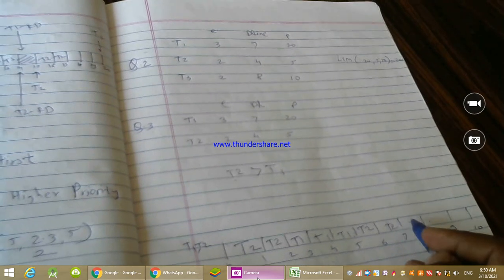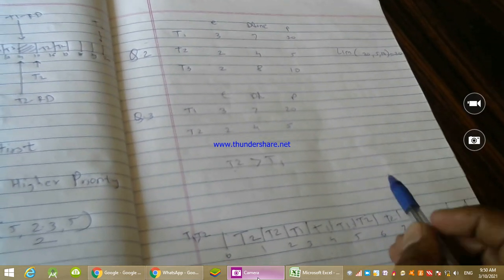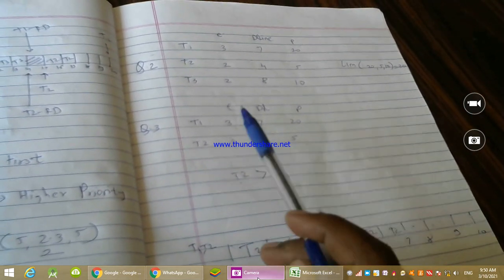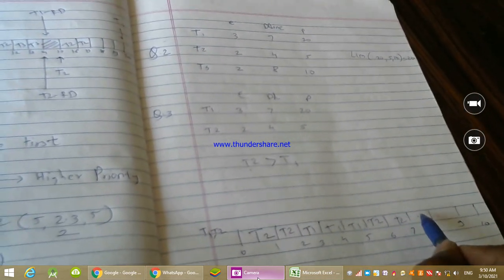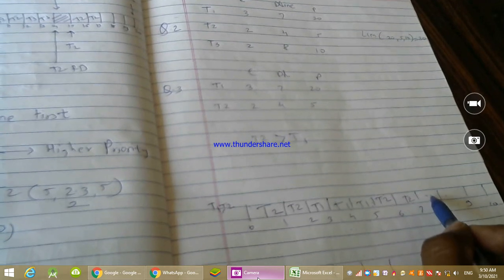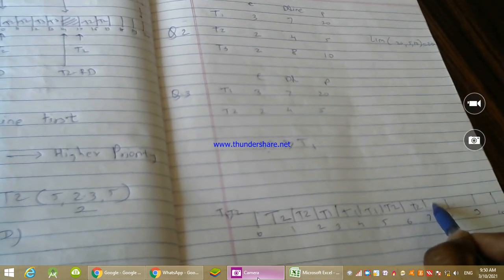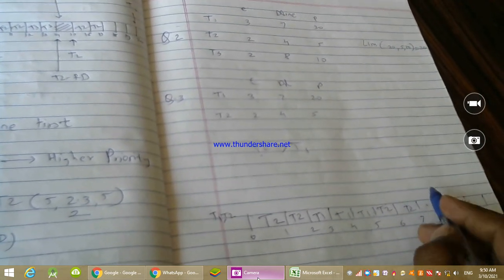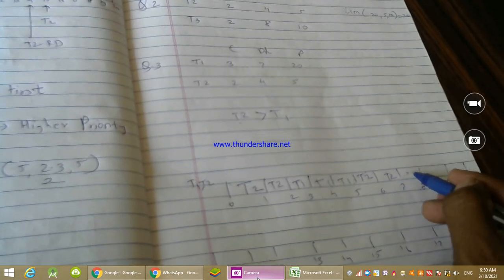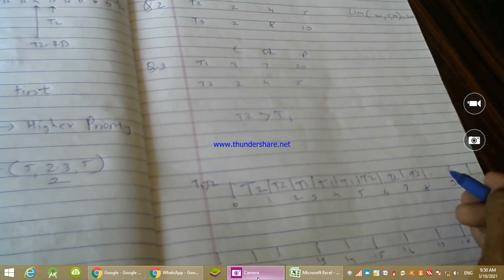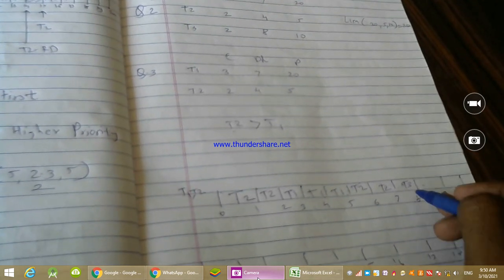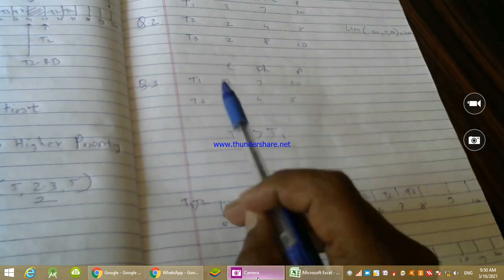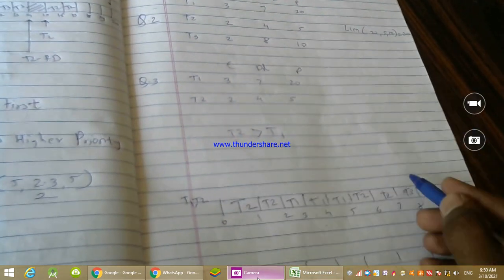Then what will happen in this case? If there are any more tasks, then the resources will be allocated to that task. Suppose I write T3 here, and suppose T3 has 2 units.